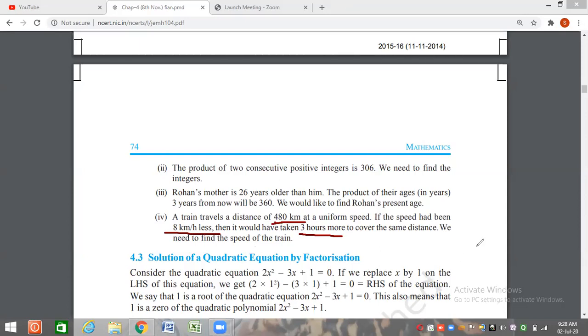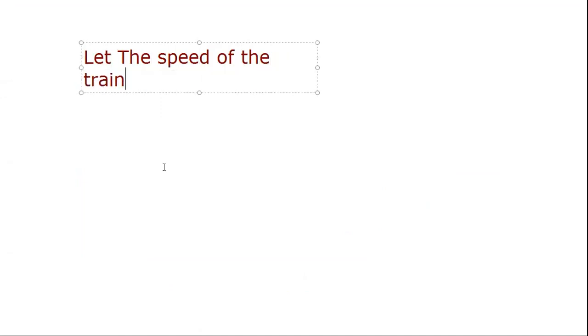First, let the speed of the train be x kilometers per hour. Okay, speed of train equals x kilometers per hour.